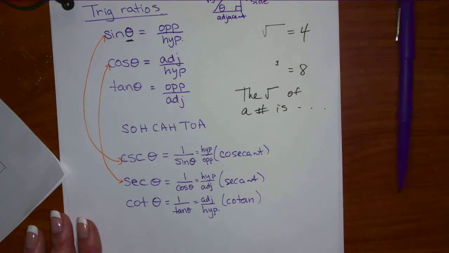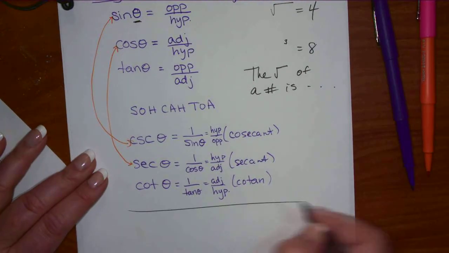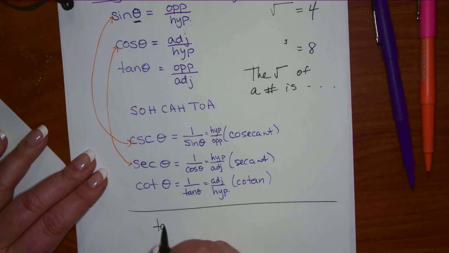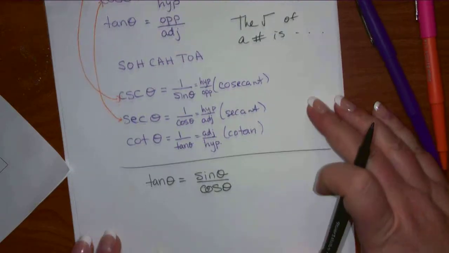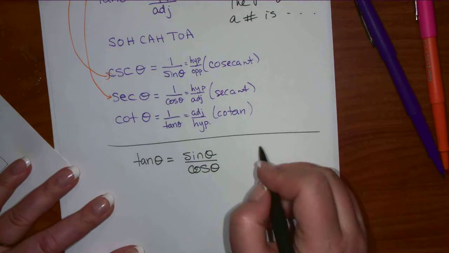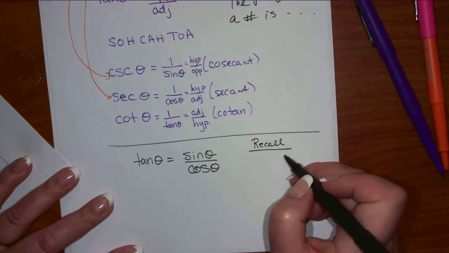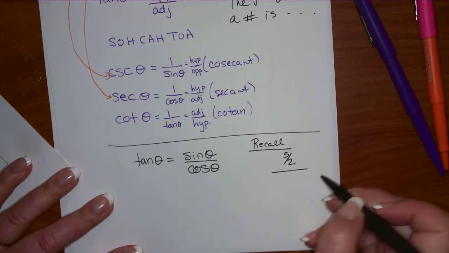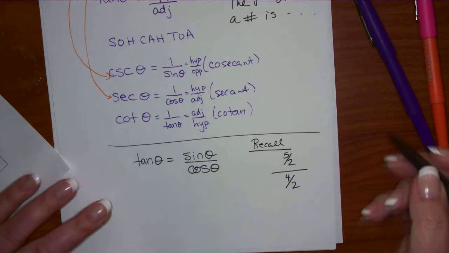Now there's one more identity that's really useful, that I use all the time, which is tan is equal to sine over cos. Now when we were doing fractions, if I had a fraction 5 over 2 and then another one which is say 4 over 2, let's not reduce that.